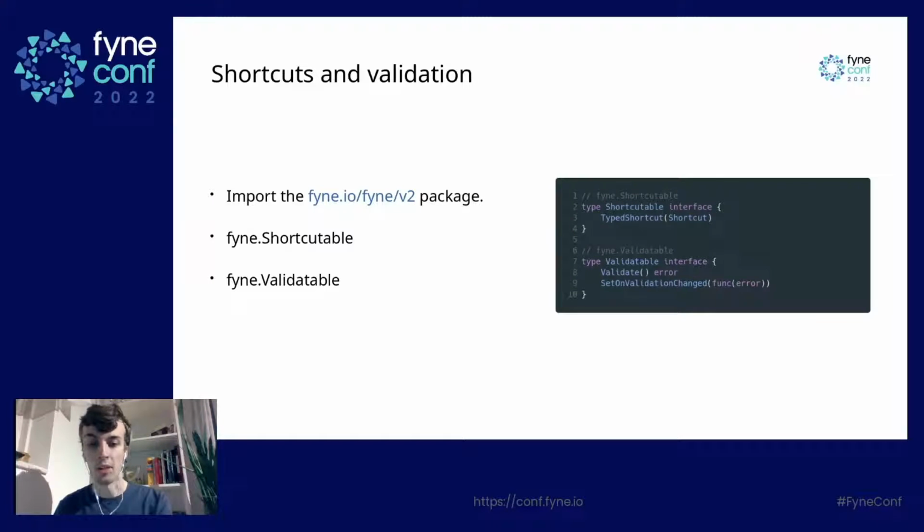And then we have validatable, which allows the widget to say if its input is valid or not. It also has a set on validation changed method, which allows parent widgets to hook into and be notified when this validation state changes. It's primarily used at the moment within the form widget, which will make sure that the submit button is disabled if all of the inputs are not valid.